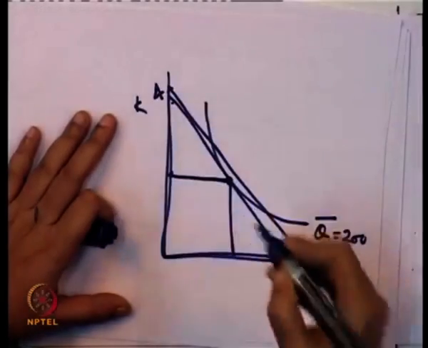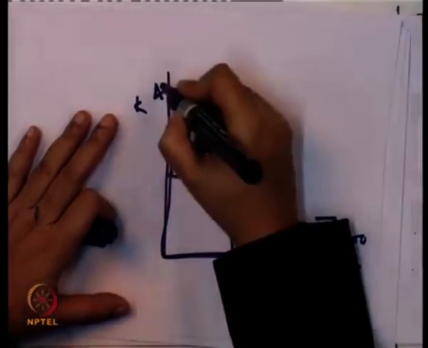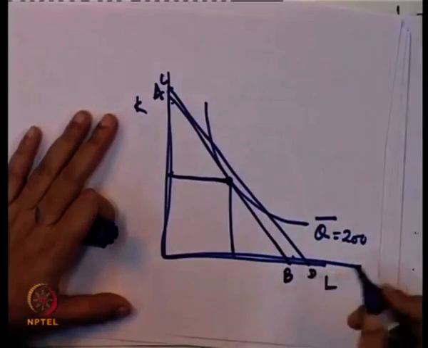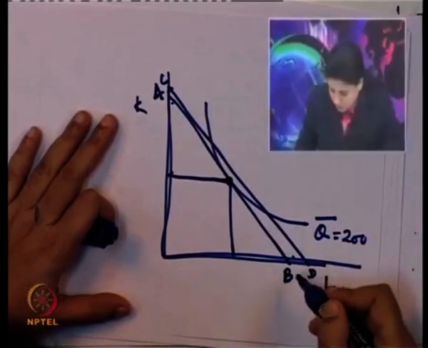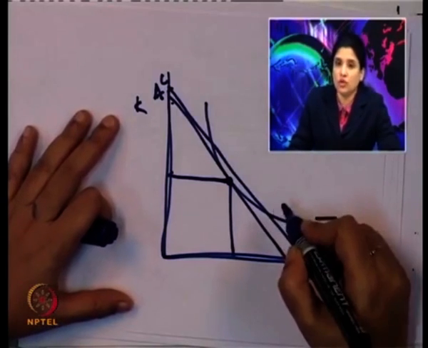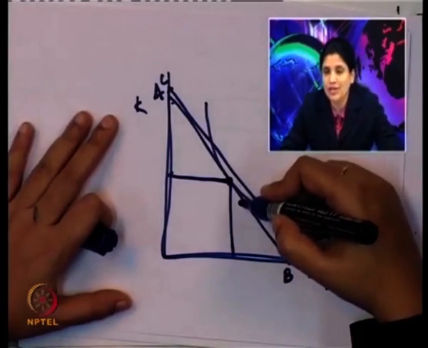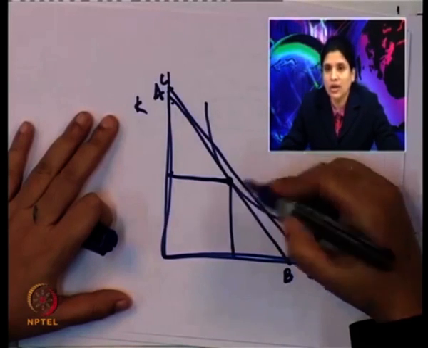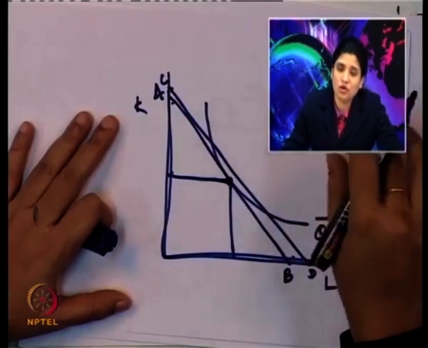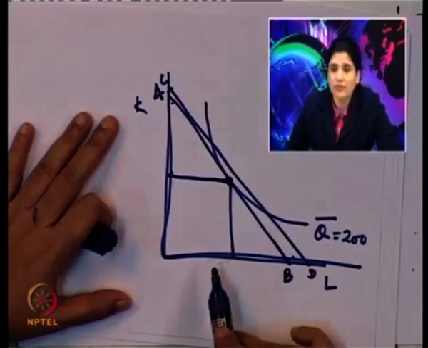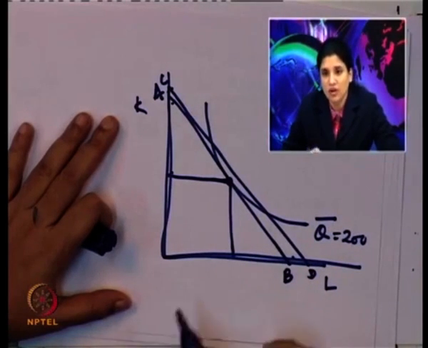If the isocost line is AB and there is one more isocost line, CD, why will CD not be chosen? Even if it crosses the same isoquant, it is still not tangent to the isoquant, and that is the reason it will not be chosen as the optimal combination of inputs.